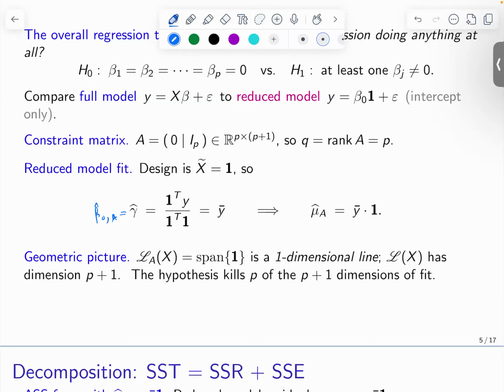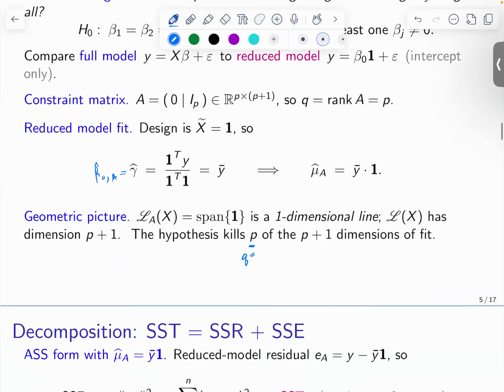And so this projection kills p of the degrees of freedom. You only remain with 1 degree of freedom. So p is really the difference between 1 and p plus 1. This is our q, which is also clear because you can say the hypothesis is beta 1 equal to 0 and beta 2 equal to 0 up to beta p equal to 0. So you have p independent constraints.